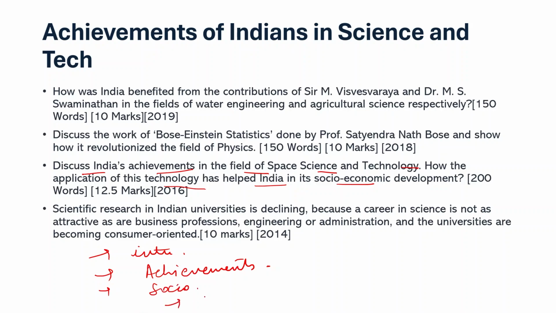Then if you want, you can write about challenges or concerns in space science and technology, right? Then you can conclude. In your conclusion, you can be a bit more futuristic about this sector, about the space sector, right? You can write about the way forward or something like that. Okay.